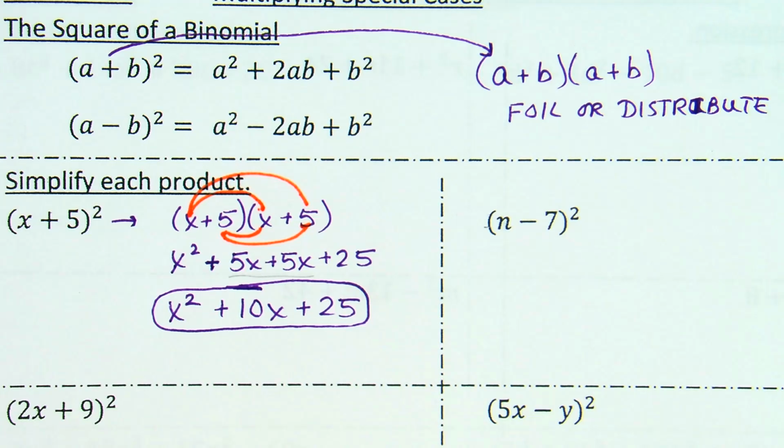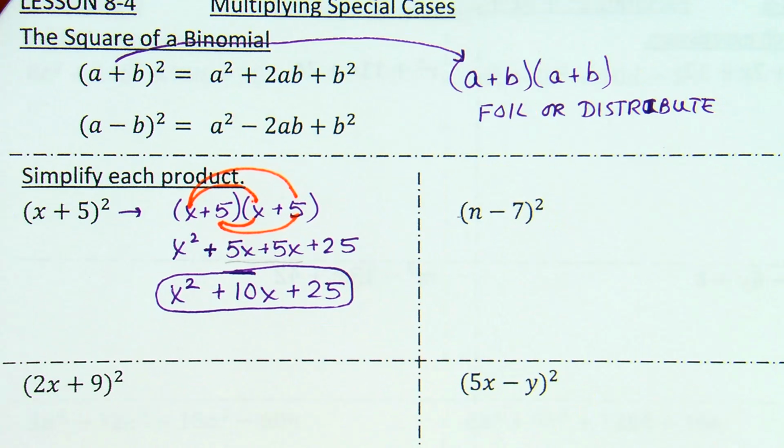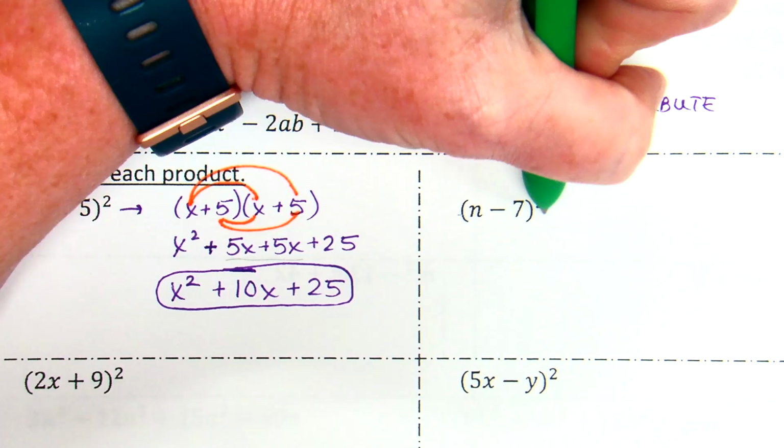Let's go with the next one. n minus 7 quantity squared. What's your teacher going to encourage you to do first? Rewrite this.